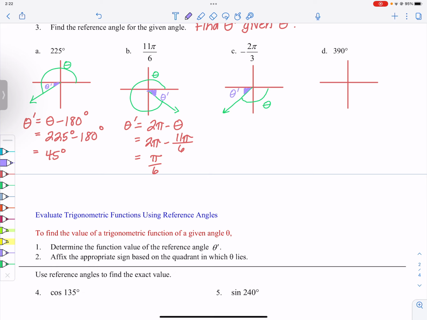That is going to be theta prime. So how are we going to find theta prime? Our reference angle, just looking at that, what do you think we'll do? We will take how many pi over 3's, or we can go ahead and take 4 pi over 3 if we'd like.